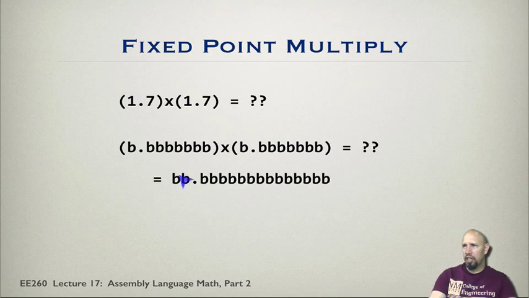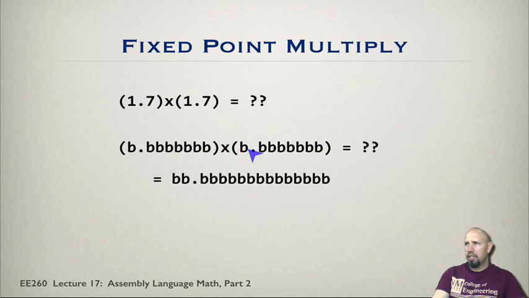I can expect to get 2 decimal places to the left and 14 decimal places to the right. Okay, that is 7 places here, 7 places here. But these are 8 bits.